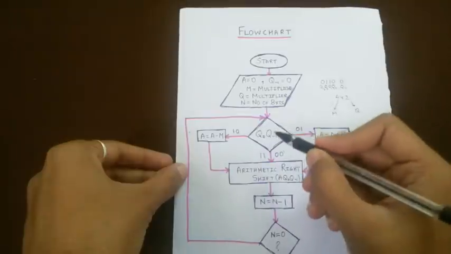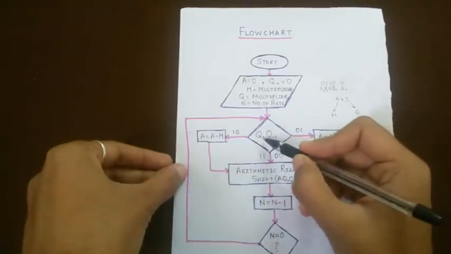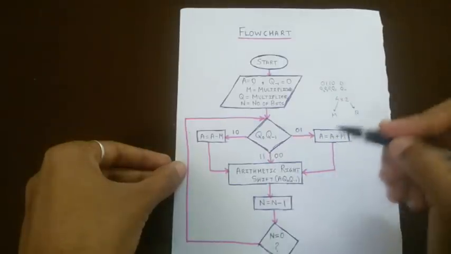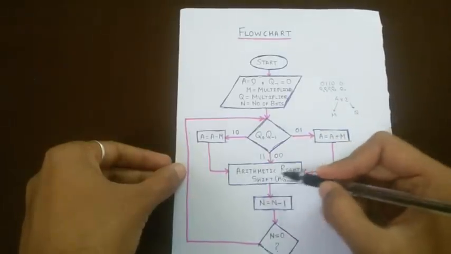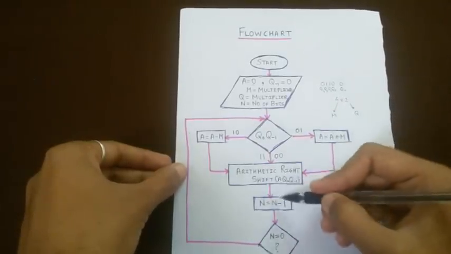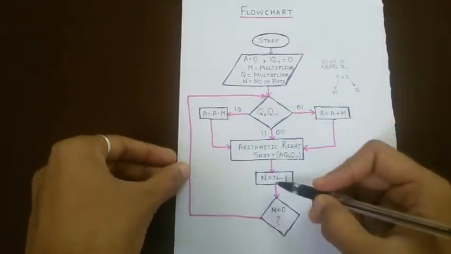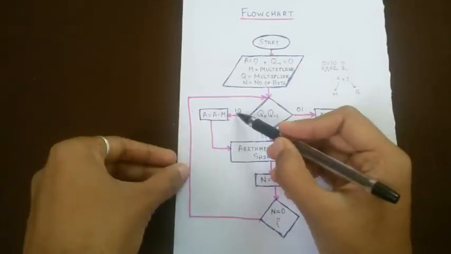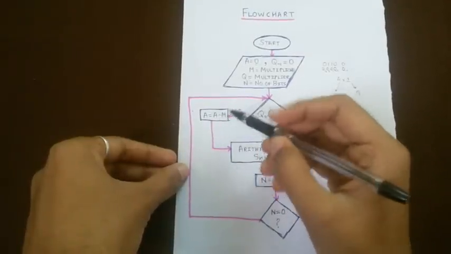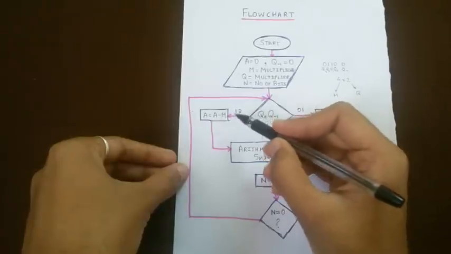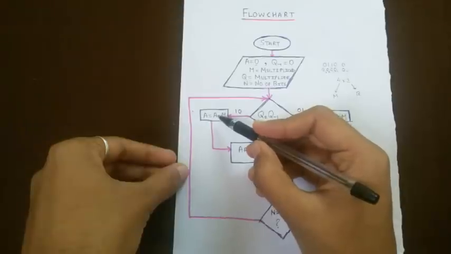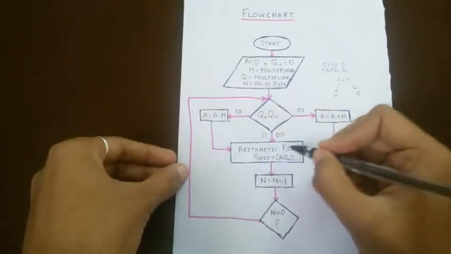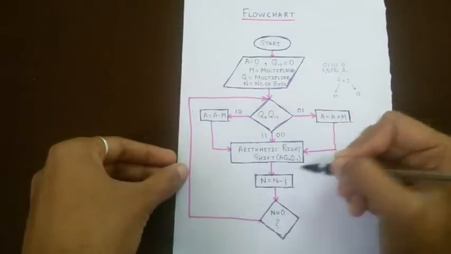Now here we have the condition: if Q0 and Q minus 1 are 1 1 or 0 0, we have to perform the arithmetic right shift operation and later decrement the value of n. If these values are 1 and 0, then we have to subtract the multiplicand from the accumulator, which gets stored into the accumulator, and later perform the right shift operation and then decrement the value of n.